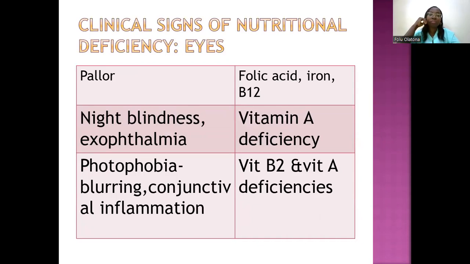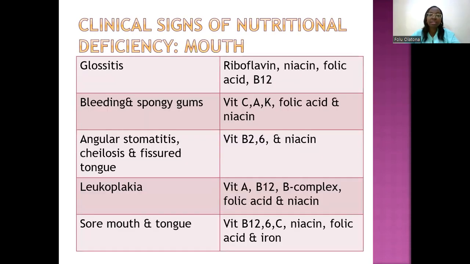Then the eyes: pallor, folic acid, iron, or vitamin B12 deficiency. If there's night blindness, xerophthalmia, vitamin A deficiency; photophobia, blurring, conjunctival inflammation, vitamin B2 and A deficiencies.